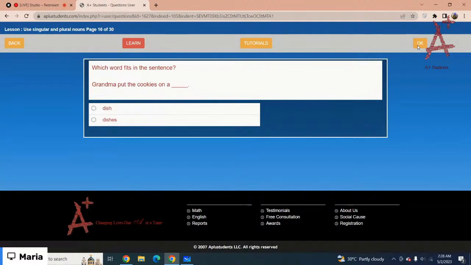Grandma put the cookies on a dash. A is used with a singular thing, so it would be a dish. Please take this dash to grandma. This lunch, it would be singular.